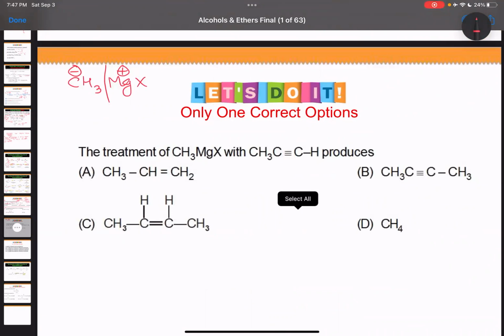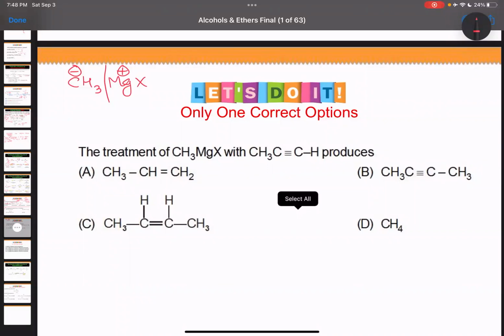So nucleophile and base, what's the difference? It is just like two sides of the same coin. So CH3 minus is there. I will call it a nucleophile if it goes and attacks the carbon.